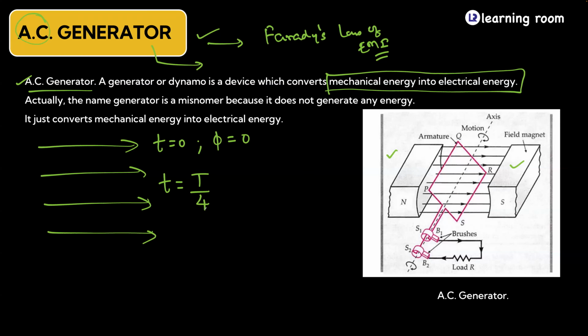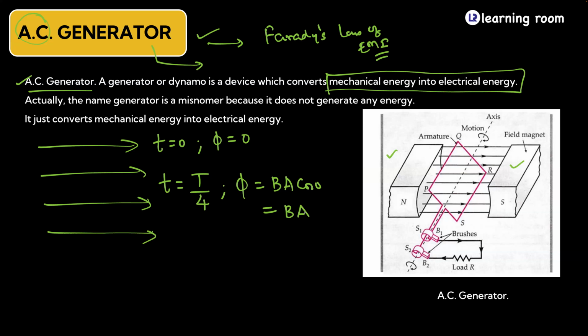So from t equal to 0 to 1/4 of the time period, the flux is going to change from 0 to flux equal to BA cos 0, that is, it is going to change to maximum. So is there a change in flux that has taken place here? Yes.